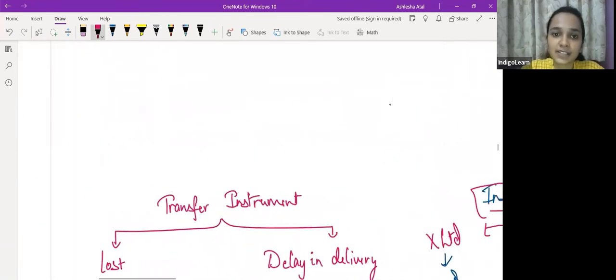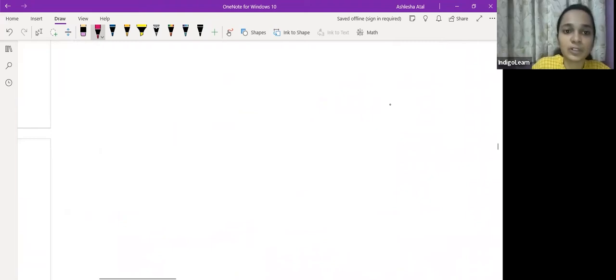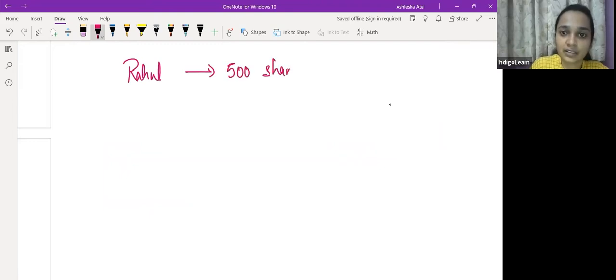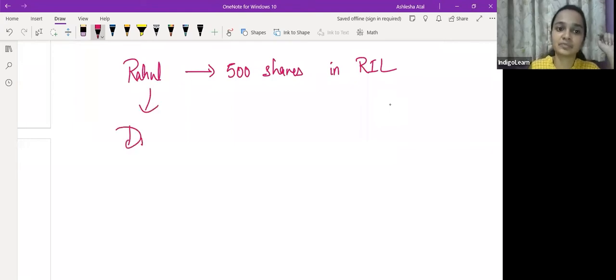अभी say for example there was a person Mr. Rahul, and Mr. Rahul held say 500 shares in Reliance Industries Limited. राहुल के पास 500 shares थे of Reliance Industries Limited और Mr. Rahul has now died. Mr. Rahul मर गया. अभी in this situation, who has the right to receive the shares?